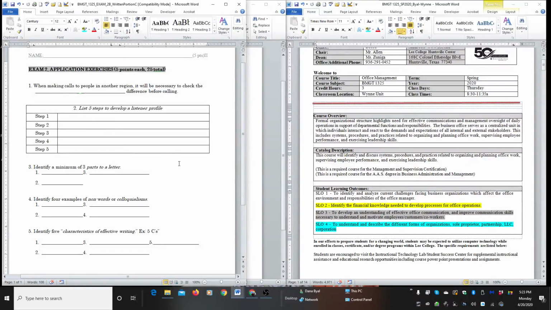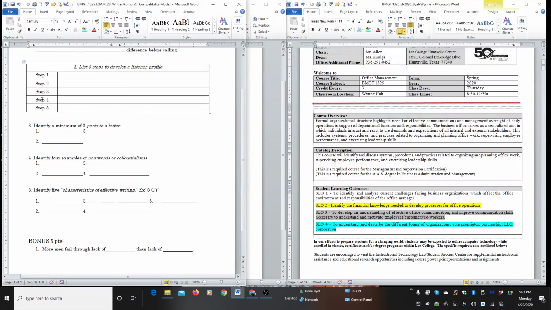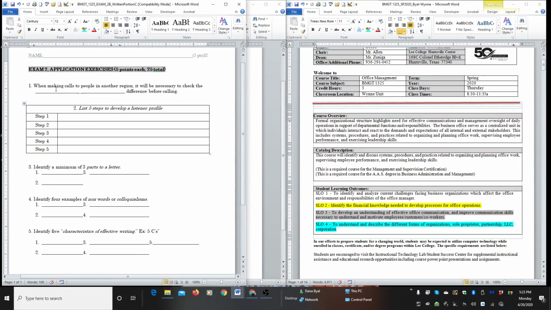Now the next one comes from exam 2. So this one is develop an understanding of effective communication and improve communication skills necessary to understand and motivate employees, customers, and co-workers. Okay? So I have 5 questions here, and each one of these questions does have multiple parts to it.